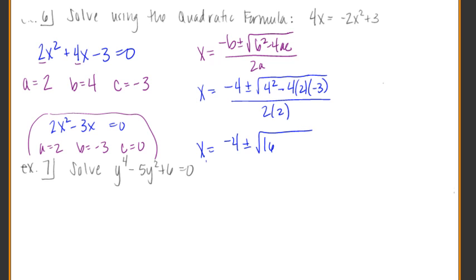It looks like we have a negative times a positive times a negative, so it's going to come out positive. 4 times 2 is 8, and 8 times 3 is 24, all over 8. I'm sorry, 2 times 2 is definitely not 8, it's 4. Okay, x is equal to negative 4 plus or minus 16 plus 24.